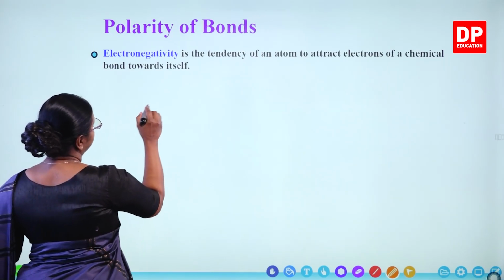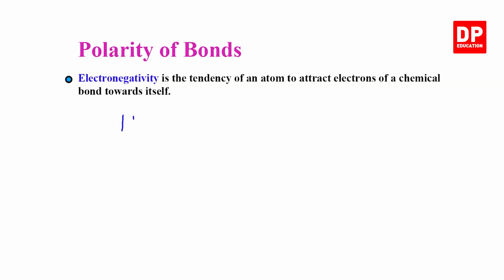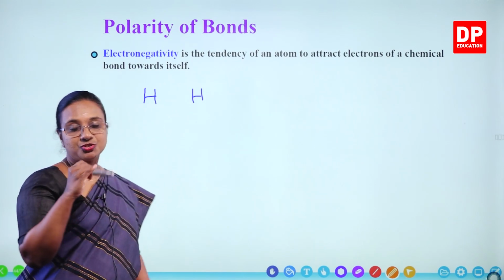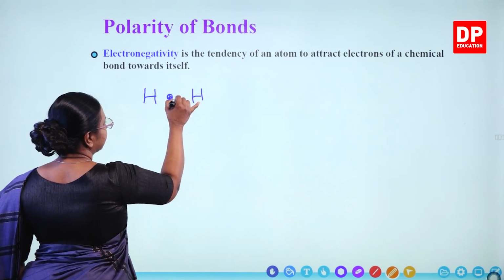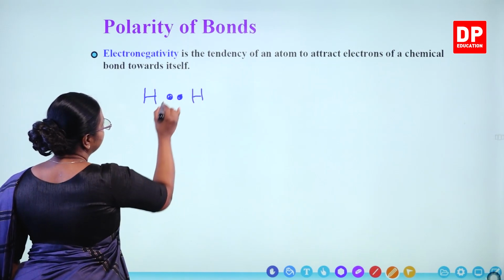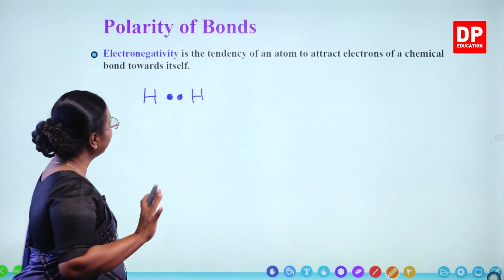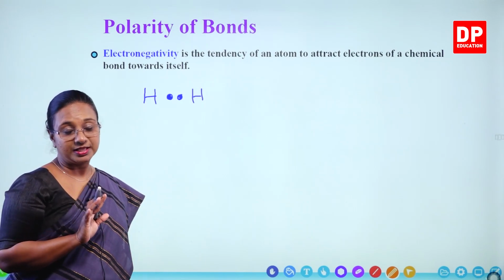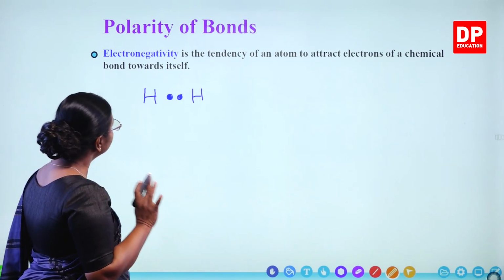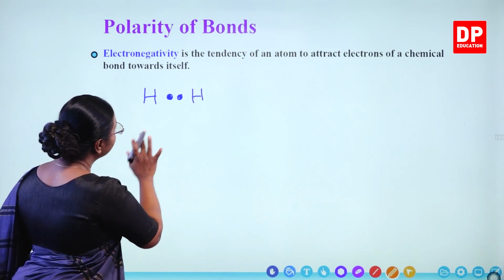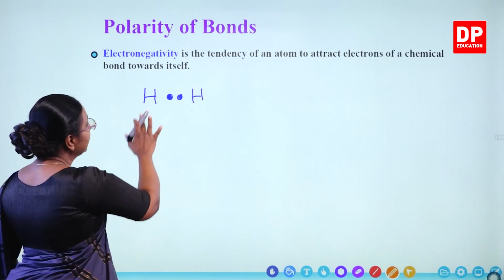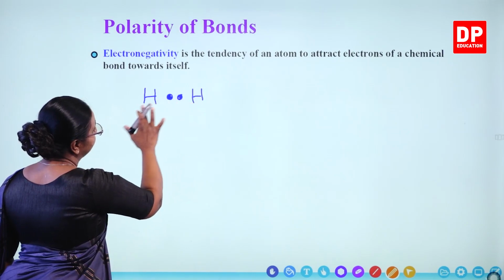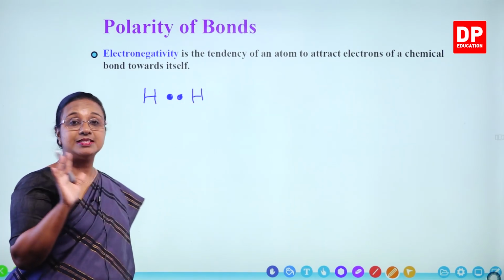Let's take an example. Consider the hydrogen molecule. Here, students, I will show you all the electrons. You can consider this as the dot diagram, it doesn't matter. These are the two electrons that are forming the bond. These two electrons are always distributed symmetrically because the ability to attract the electrons by the hydrogens is the same.